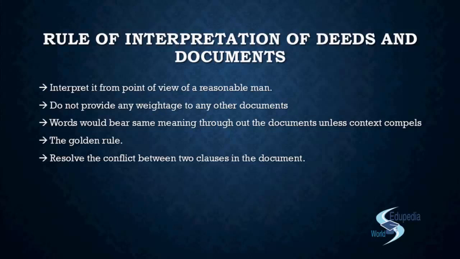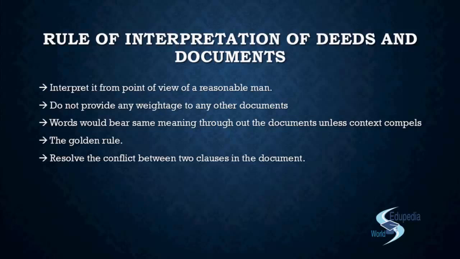A route that would join the two tangents, which were actually not joining, which were traveling in different directions. So you will have to draw a third line between them that would bring a common path that would suffice the needs of both the clauses. That is the rule of harmonious construction that you apply over there.